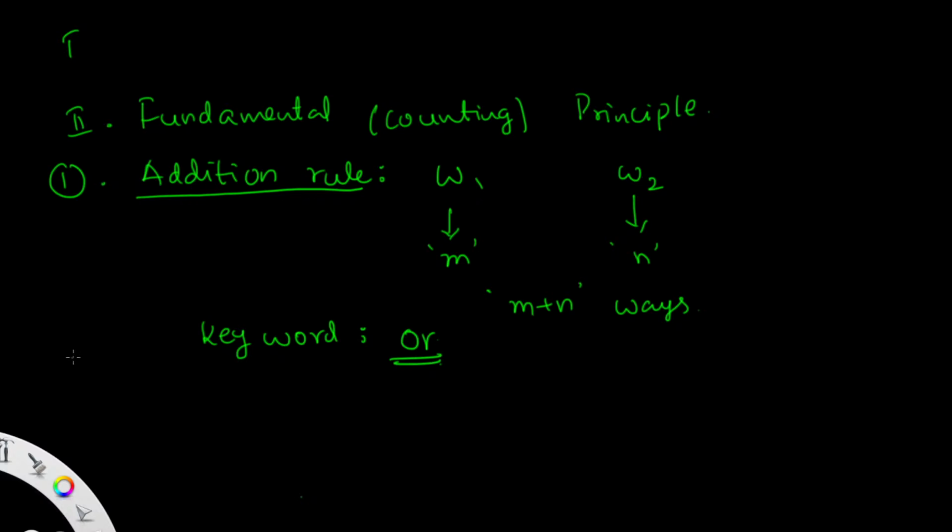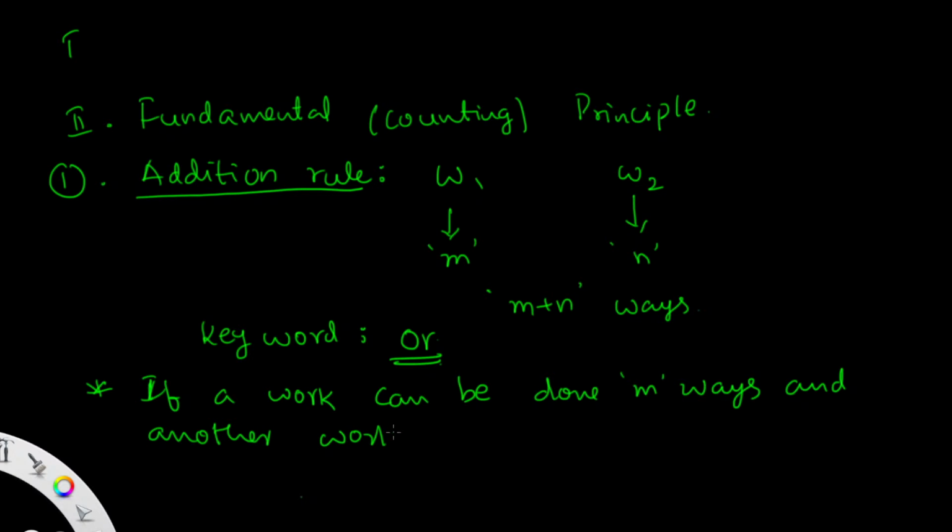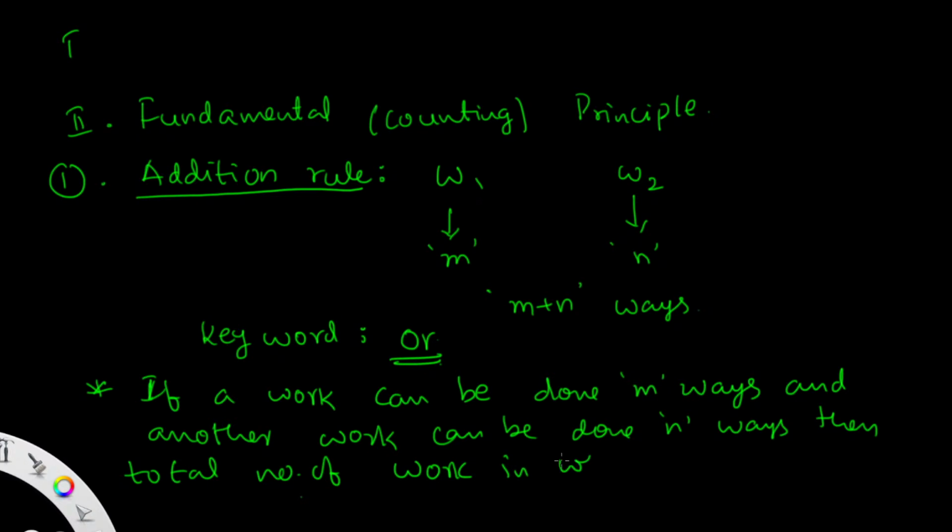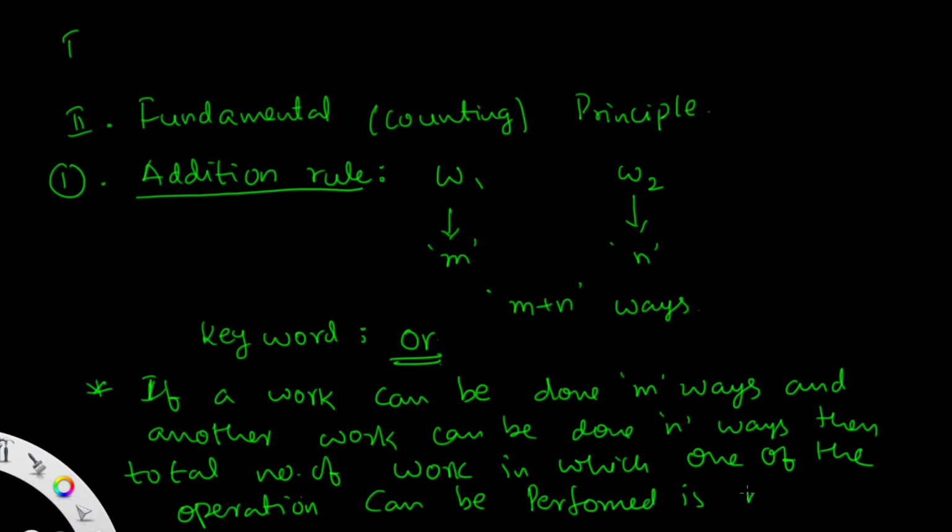So what is meant by the addition rule? If a work can be done in M ways, and another work can be done in N ways, then the total number of ways in which one of the operations can be performed is M plus N ways.